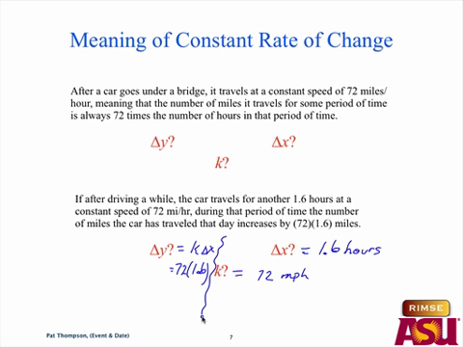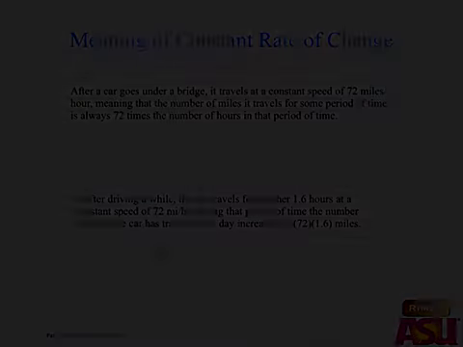And the size of the change in y is always the same relative to the size of the change in x. And that's our constant rate of change. That's that k value. So you've got to practice this. Any questions about that?